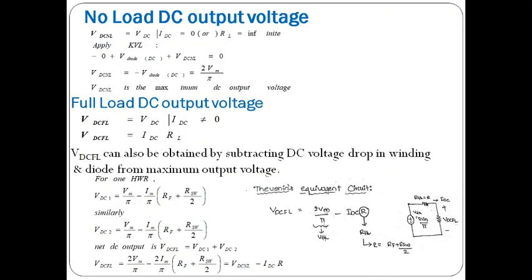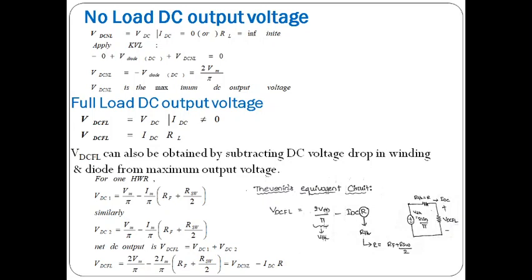Now the DC voltage. We already know when the load is open circuit, IDC equals 0 or RL is infinite. By applying KVL, we can write minus V diode plus VDC, similar to the previous one, equals 2Vm by π.